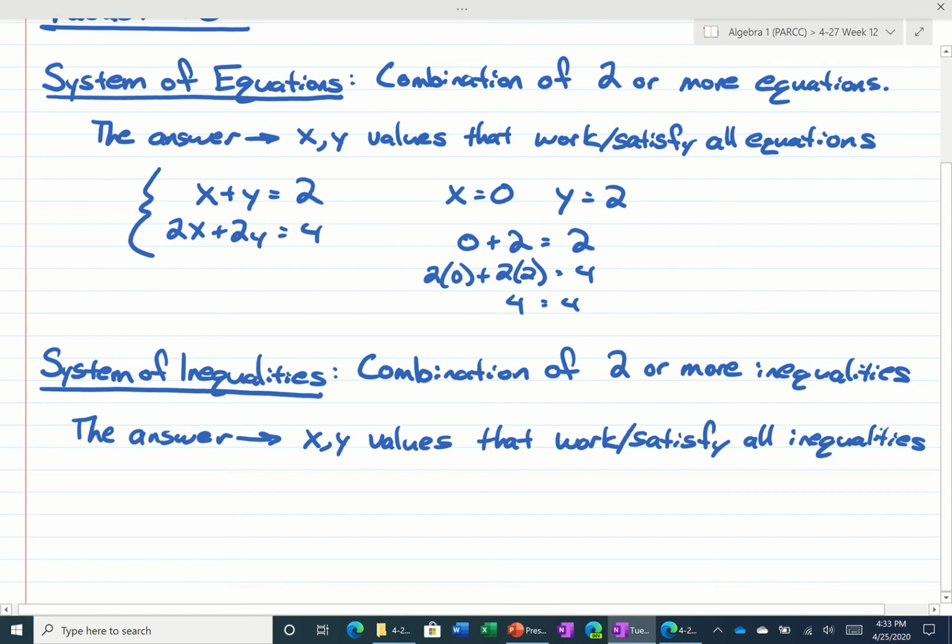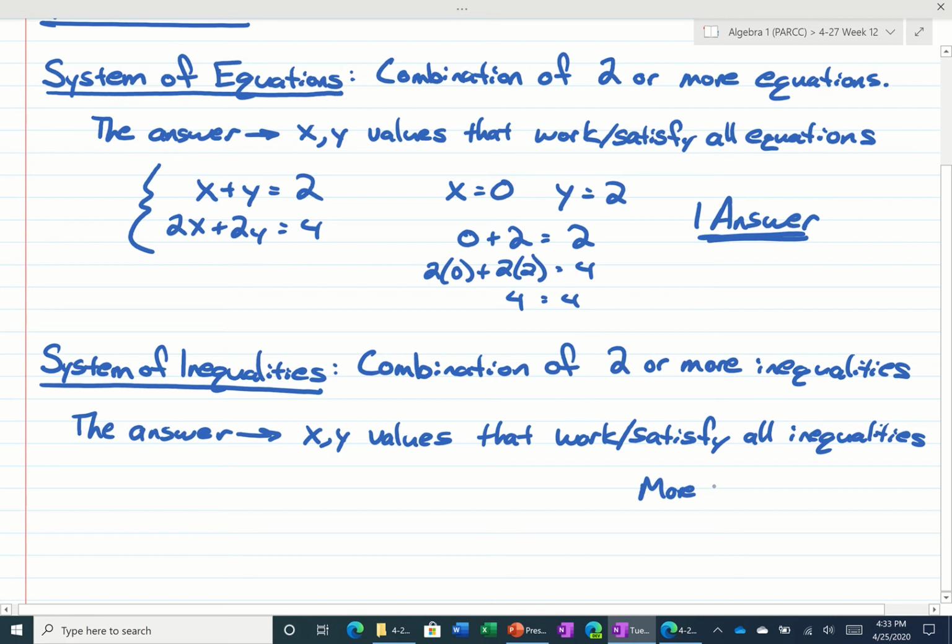Typically, when you have a system of equations, usually there's only one answer. When you have a system of inequalities, there could be more than one answer.